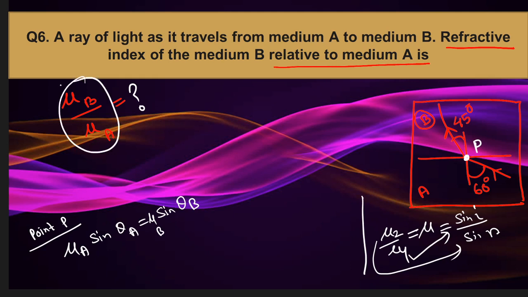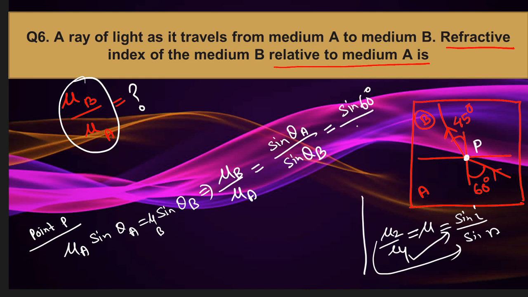The demand is mu B by mu A, so we can write mu B by mu A equals sine of theta A by sine of theta B, equal to sine 60 degree by sine 45 degree.